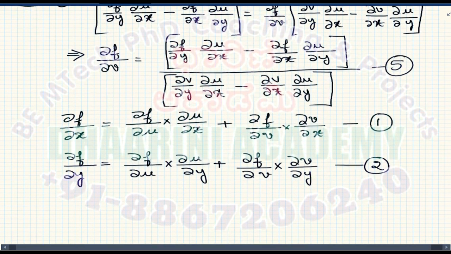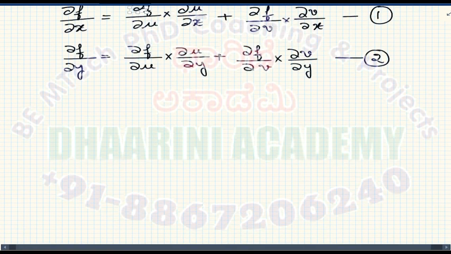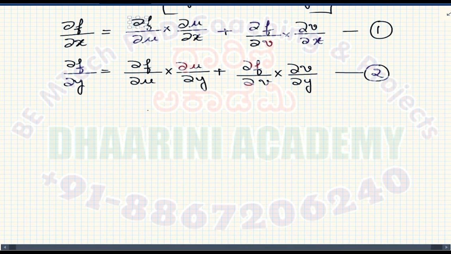Previously I tried to make the two terms the same so that I can cancel them, and keep ∂f/∂u and ∂f/∂v. Now I do the reverse, which means I try to cancel ∂f/∂v. So equation 1, I'm going to multiply with this term, that is ∂v/∂y.